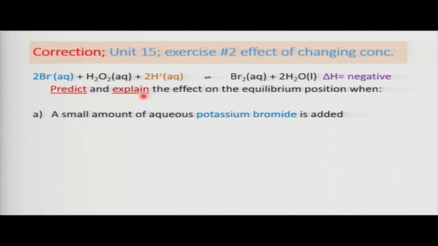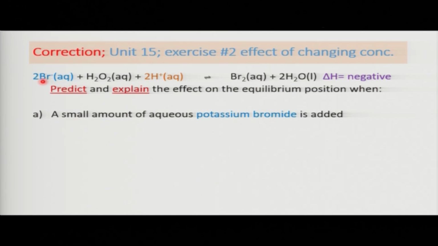Predict and explain the effect on equilibrium position when a small amount of potassium bromide is added. So in this case, when you add potassium bromide, it brings in the bromide ions. So the first consequence that will occur on addition of potassium bromide is that the bromide ions will increase because this ionizes.